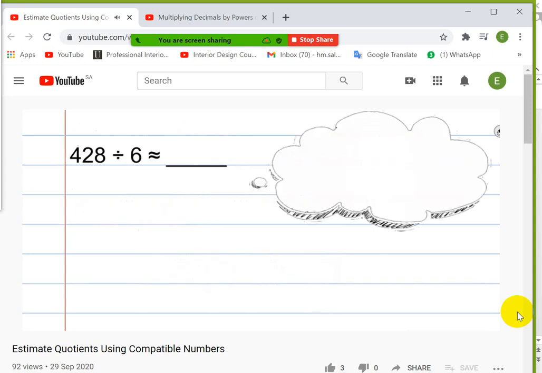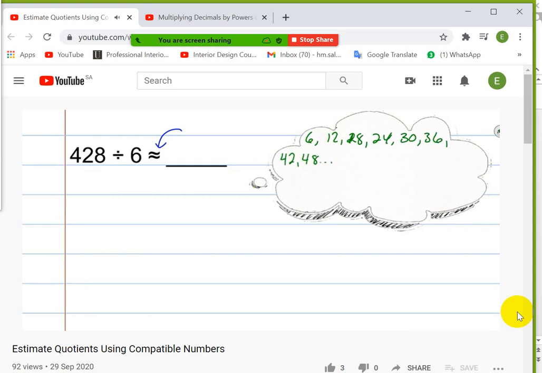Okay, let's take a look at some examples. So if I have 428 divided by 6 is about what? This tells me that I'm going to be estimating. This symbol right here means it's almost equal to or about equal to. So when I look at the 428 divided by 6, I'm going to think of the multiples of 6. And I can think 6, 12, 18, 24, the next one is 30, then 36, then 42, then 48, and they go on and on.